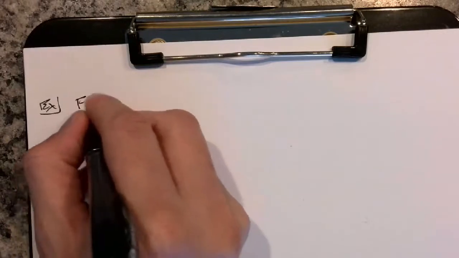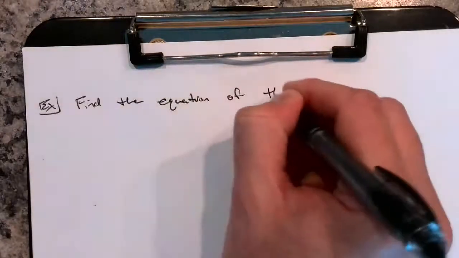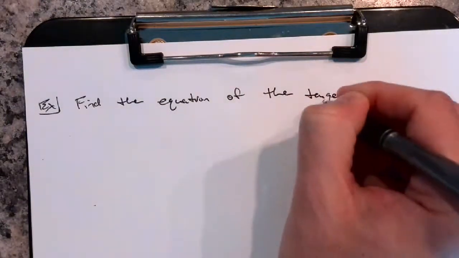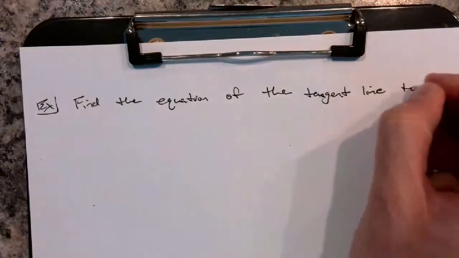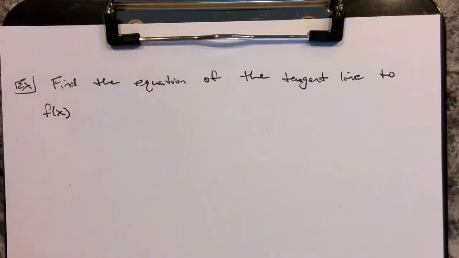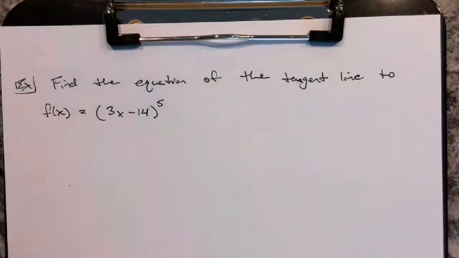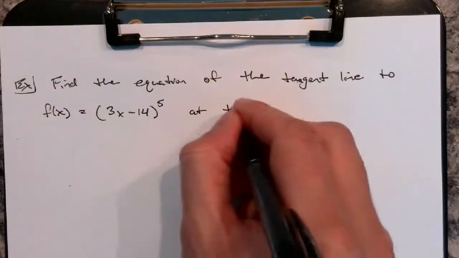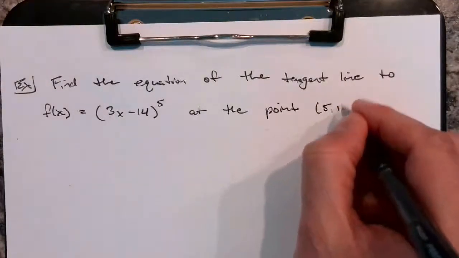So if I said, for example, find the equation of the tangent line to f of x equals (3x minus 14) raised to the 5th power at the point (5, 1).